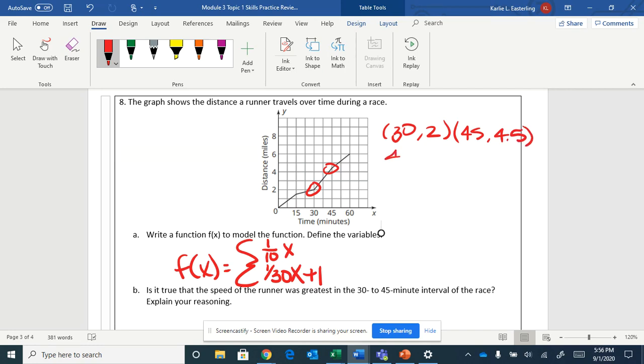So y values on top: 4.5 minus 2, over our x values on the bottom: 45 minus 30. On the top, you are going to have 2.5 left, and on the bottom, you are going to have 15 left. Yeah, 15 left.